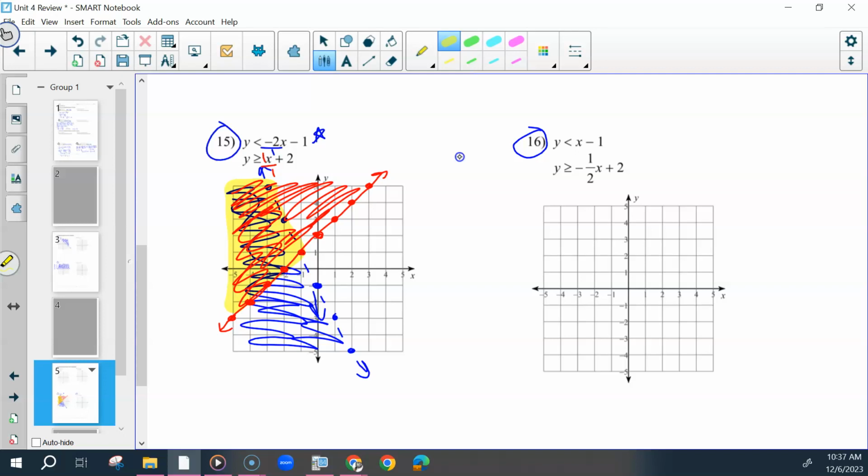Other questions on this one? That is it. Alright, let's do 16. Starting with the first one, y-intercept at -1, slope is 1 over 1. So go up 1, right 1 as many times as possible.